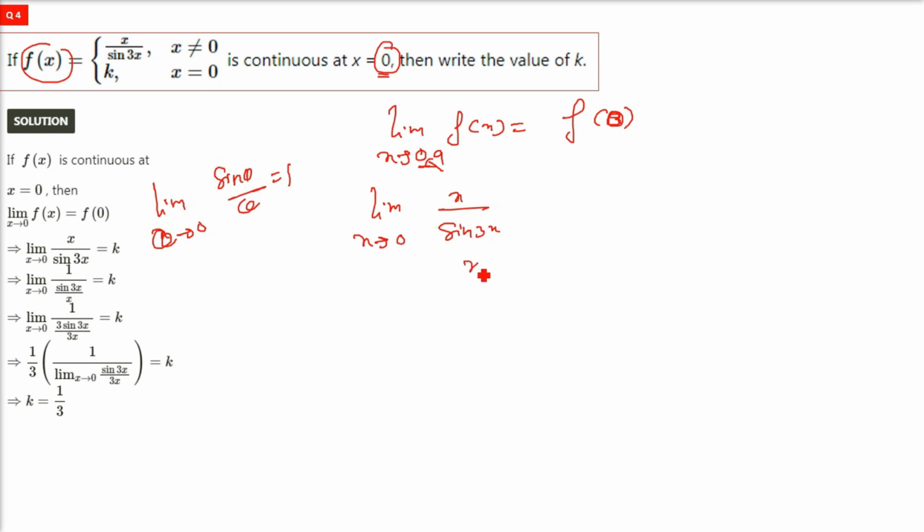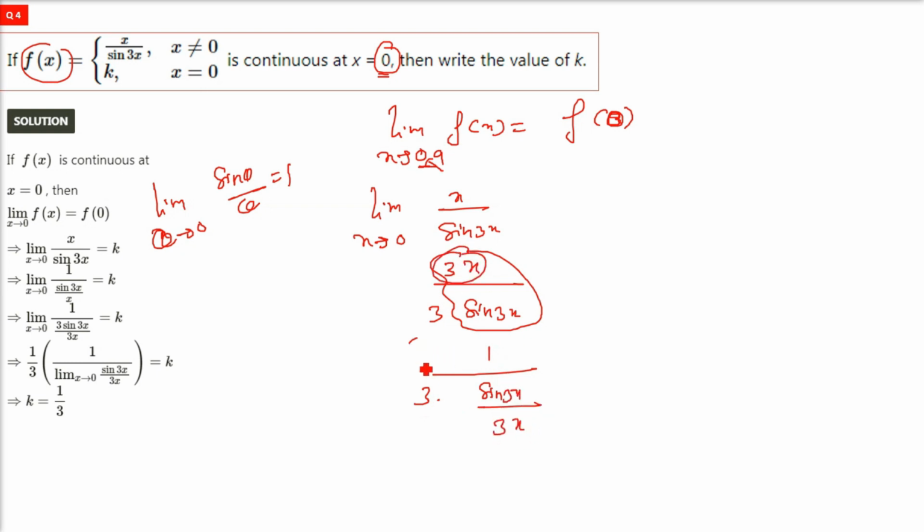So we have x by sine 3x. Multiply numerator and denominator by 3, and then you can take the limit. What you can do is bring this 3x down to the denominator. So you can write it as 1 by 3, times 1 over sine 3x by 3x. Now let's apply the limit x tends to 0.